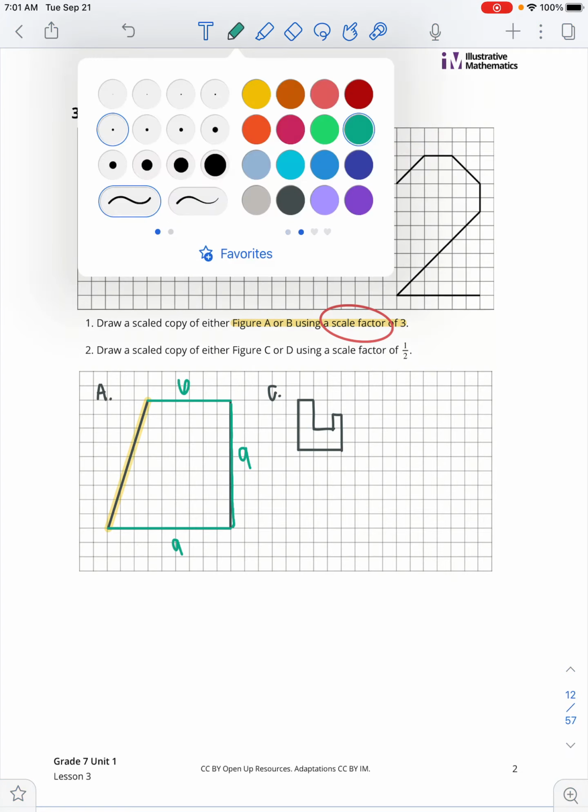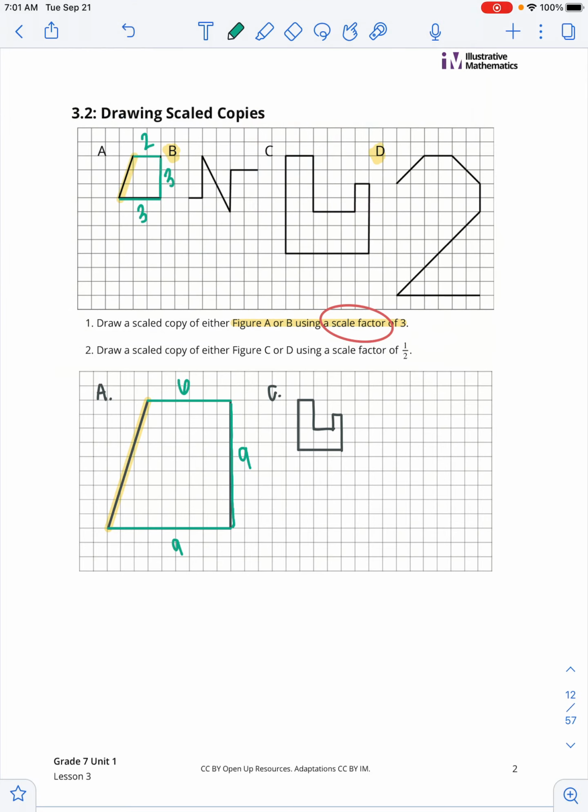Now, what you're going to do in just a moment is draw a scale copy of B. And you want to follow the same process. You can see that B has side lengths of 1, 3, 3, and 2. And again, your scale factor is 3.